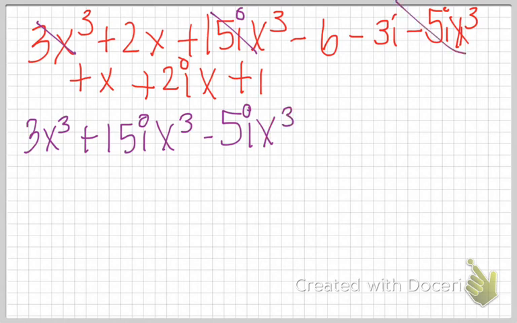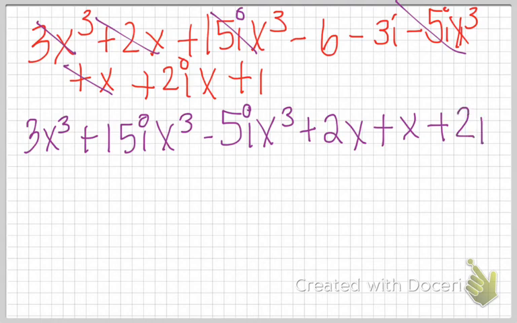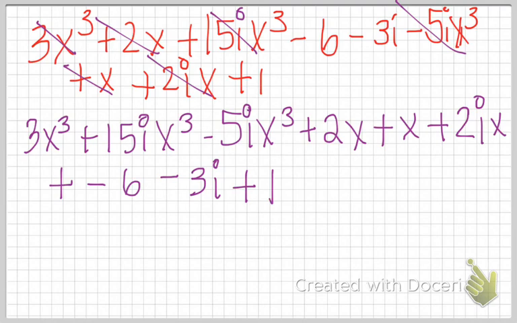And that's it for the x to the thirds. Then I look at my x's. I have a plus 2x. I have a plus x. And I have a plus 2i x. And last but not least, my complex number. Plus negative 6 minus 3i plus 1.